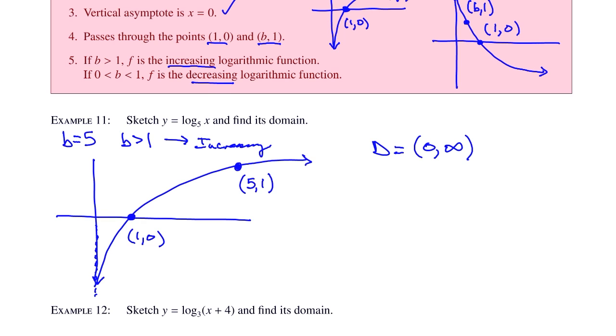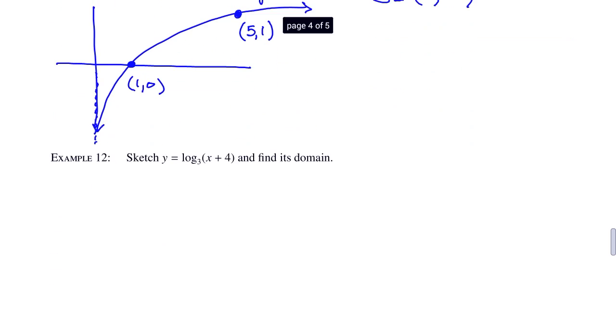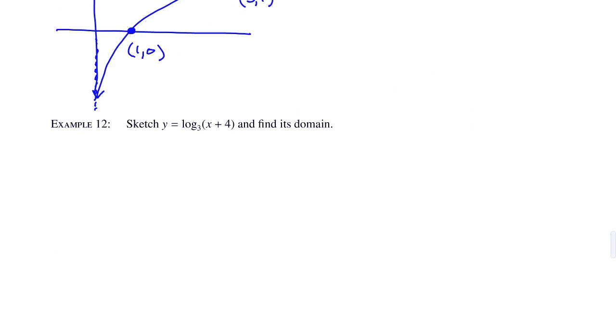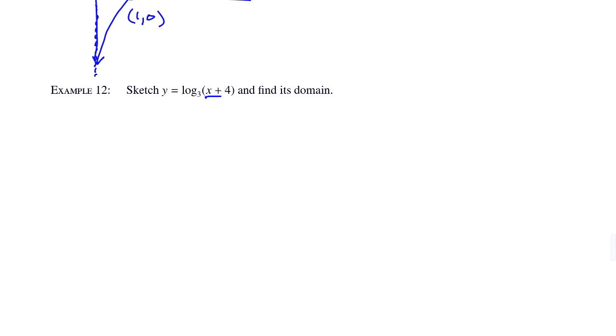Let's look at example 12. Sketch y is equal to log base 3 of x plus 4 and find the domain. So here we have x plus 4 inside of the logarithm. That tells me we're going to have a horizontal shift of 4 to the left.